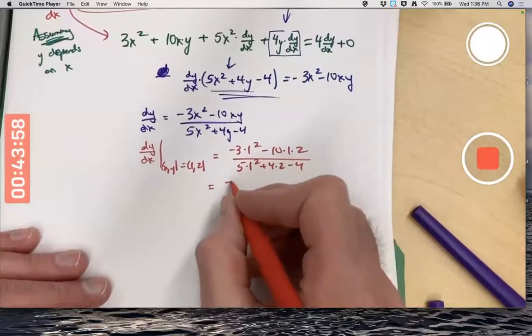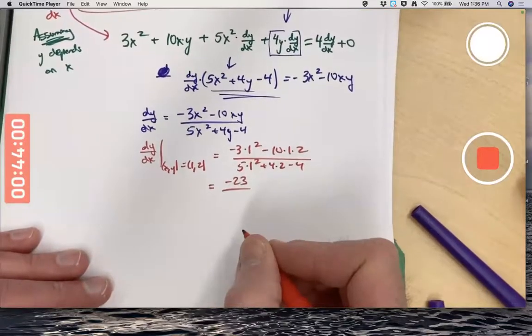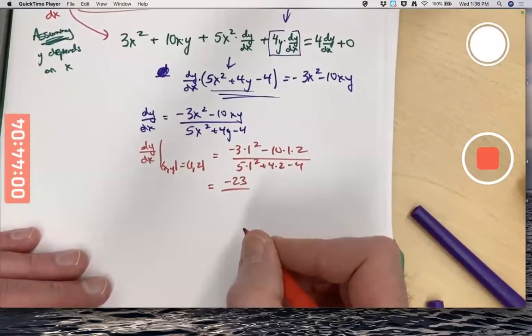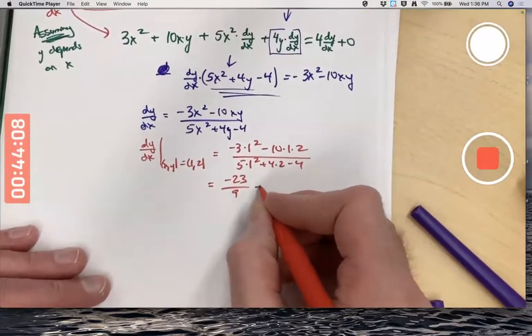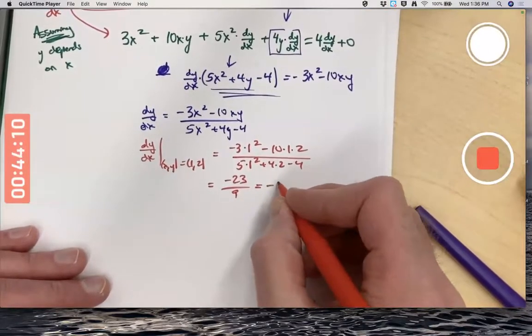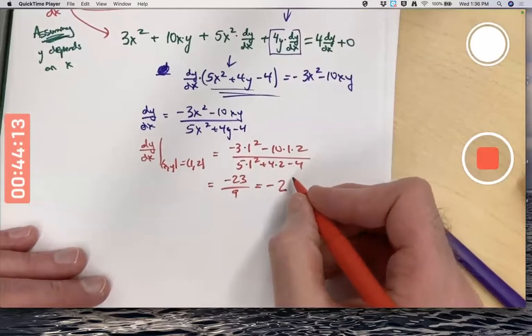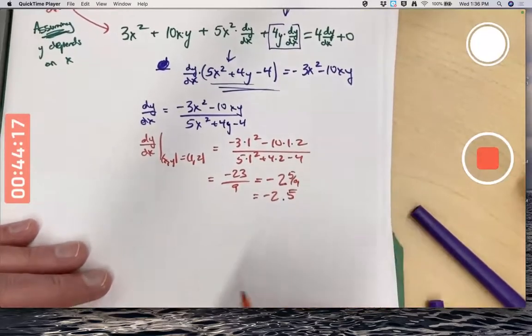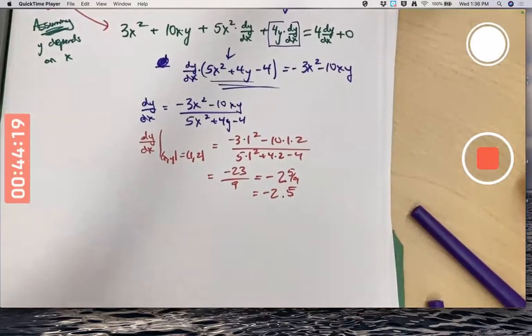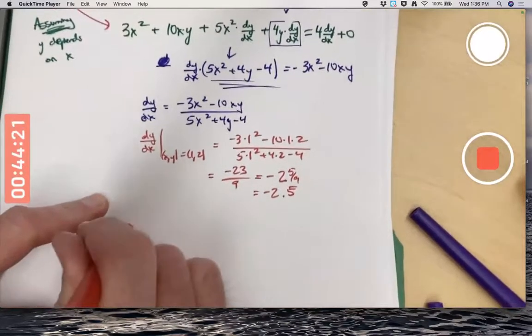This simplifies to negative 23 on the top and the bottom. Try to catch any mistakes I might make. Looks like it simplifies to 9. Negative 23 ninths, if I've not made a mistake, which is negative 2 and 5 ninths. Negative 2.5 repeating technically is what the slope of the tangent line is.